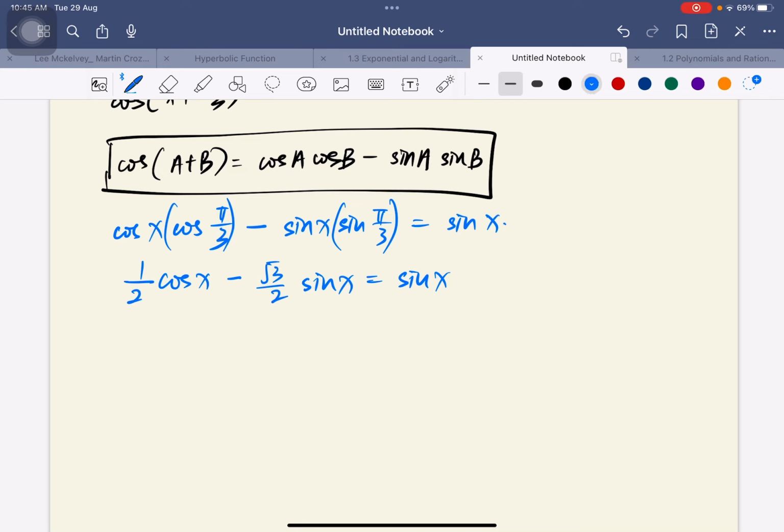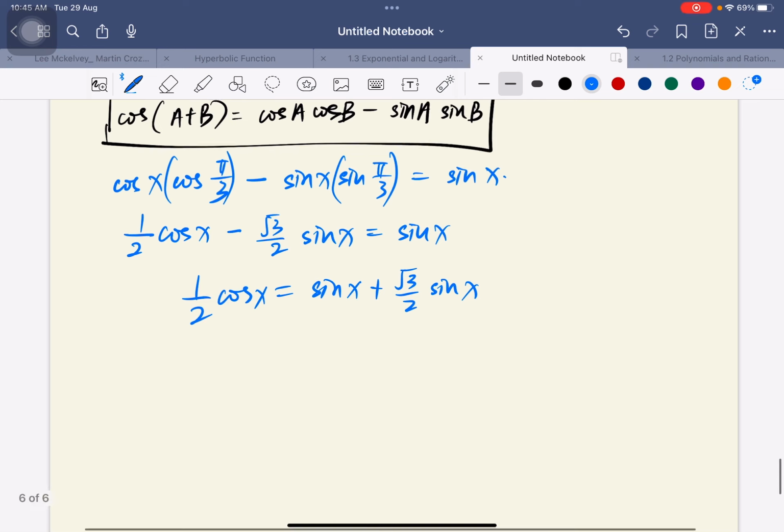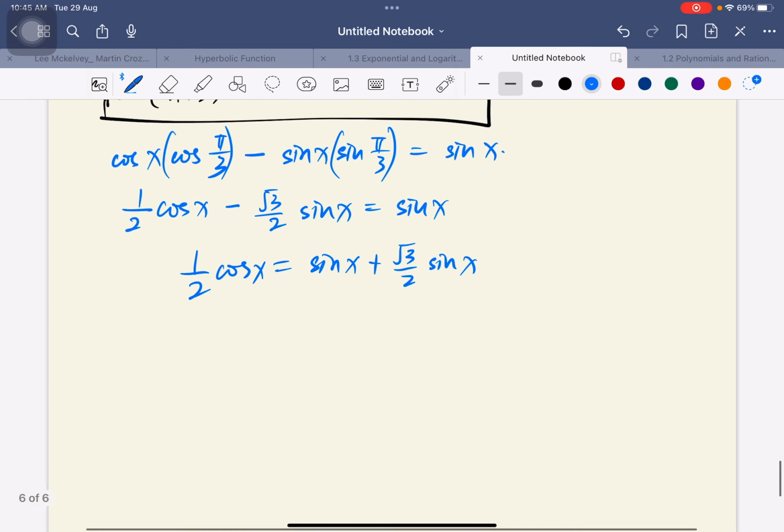So 1/2 cos x equals sin x plus √3/2 sin x. If you were to add the values up, you can just treat it like this.